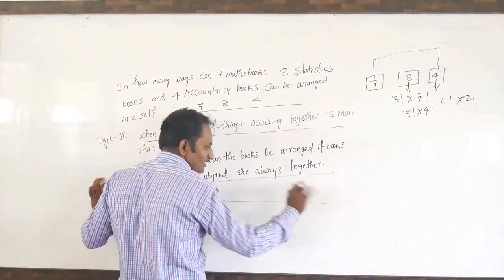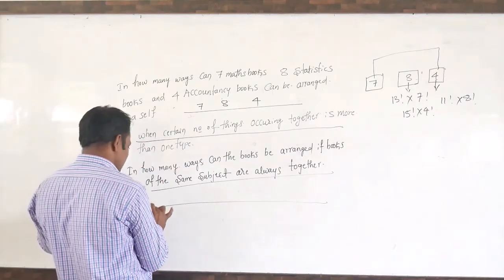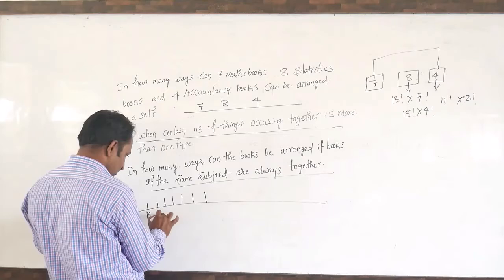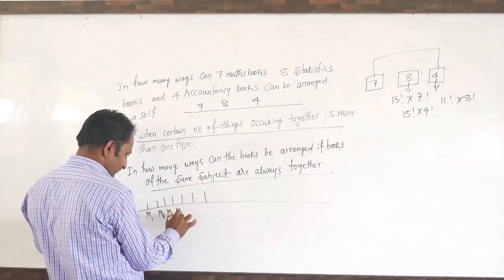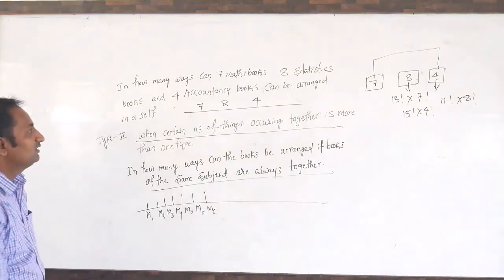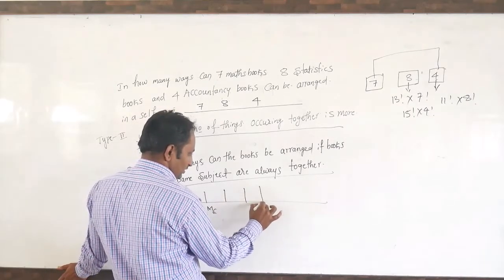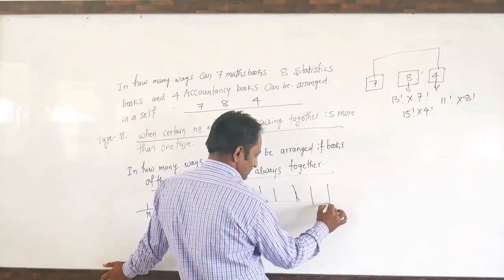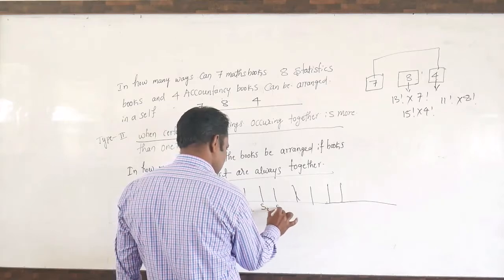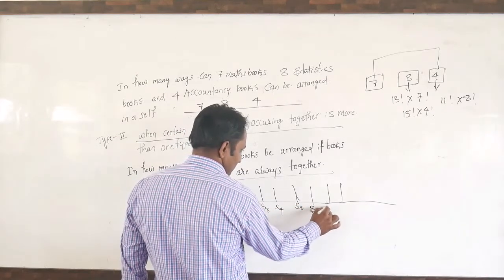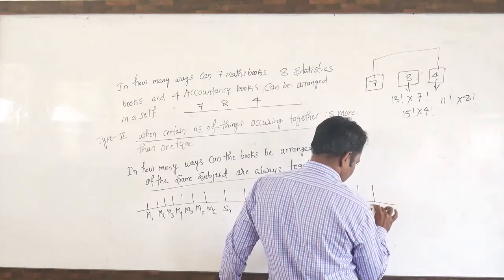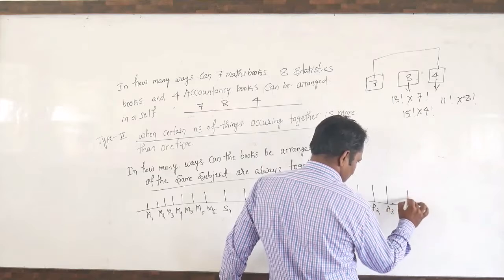Here consider one shelf. Here 7 maths books are there: 1, 2, 3, 4, 5, 6, 7, M1, M2, M3, M4, M5, M6, M7. 7 maths books are there. 8 statistics books: 1, 2, 3, 4, 5, 6, 7 and 8 statistics books, S1, S2, S3, S4, S5, S6, S7, S8, and 4 accountancy books, A1, A2, A3 and A4.